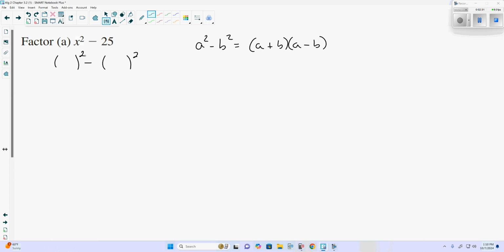Now the question is, are the two terms perfect squares? Something times itself. What times itself is x squared? X. So that is a perfect square. 25, what times itself is 25? 5. So this indeed is a difference of perfect squares, because we have a difference of two terms, and both of those terms are perfect squares.